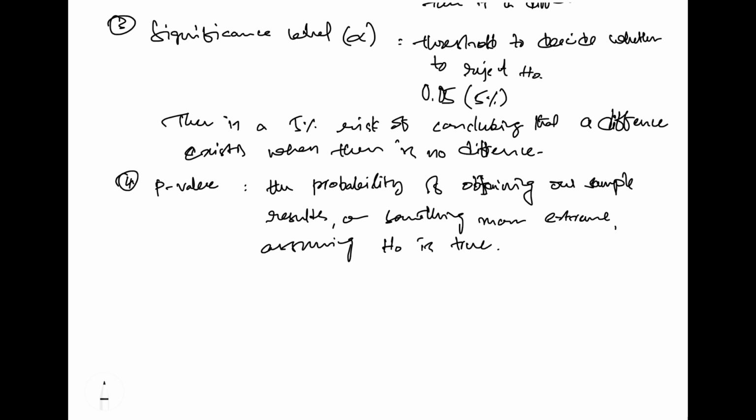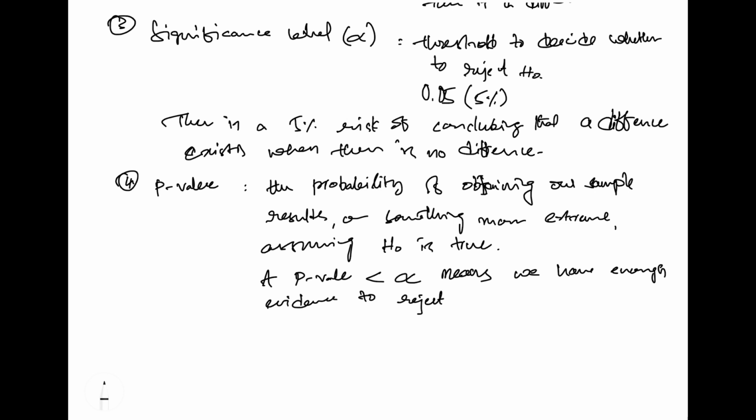So basically, a p-value less than the alpha significance level means we have enough evidence to reject our null hypothesis H naught.